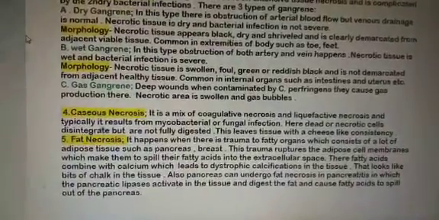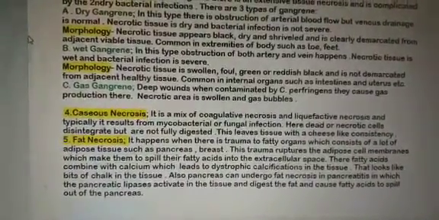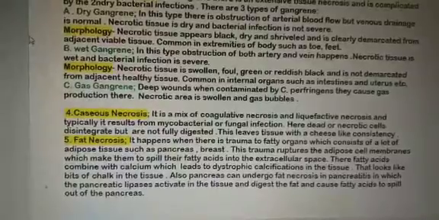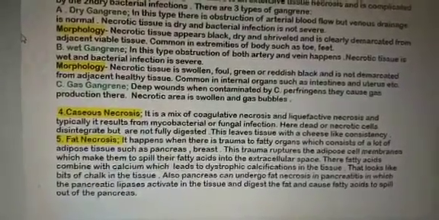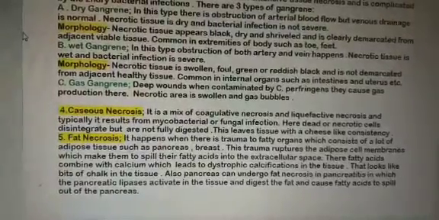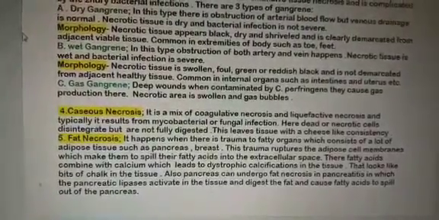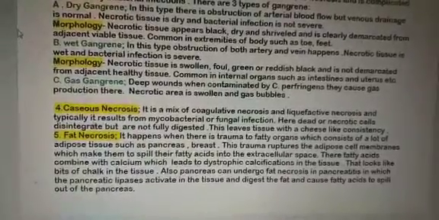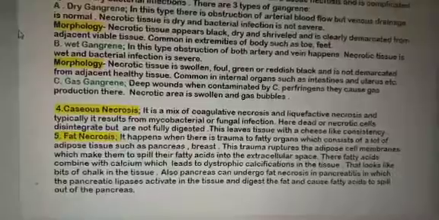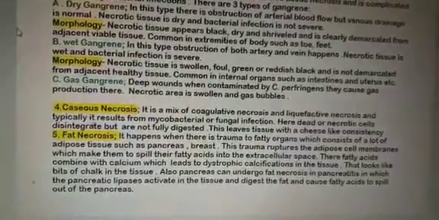So, what happens in the caseous necrosis is that the dead or the necrotic cells disintegrate, but they are not totally digested, and it gives the mixture of the dead tissue a cheese-like consistency. Okay, and that's what we call caseous.